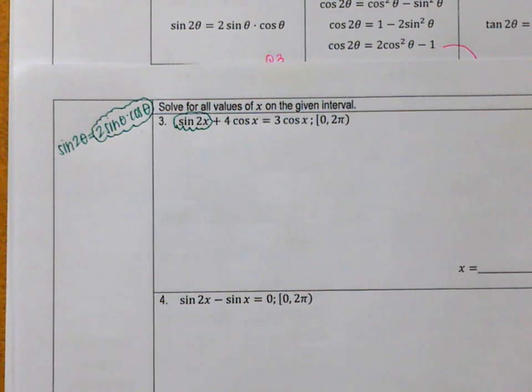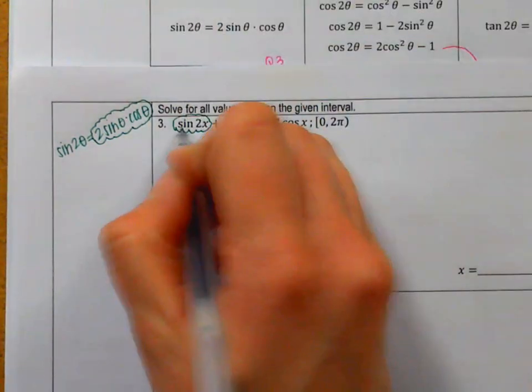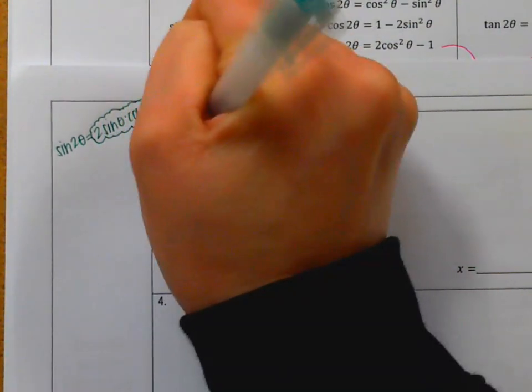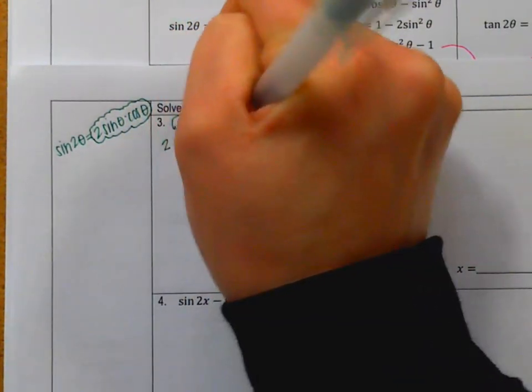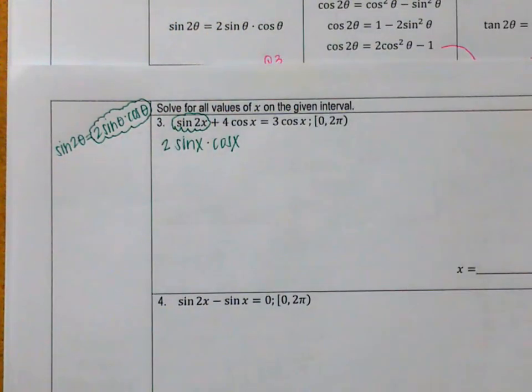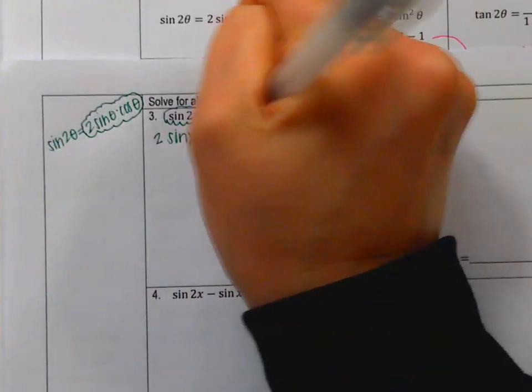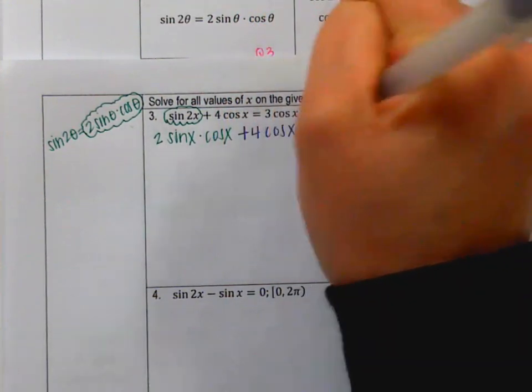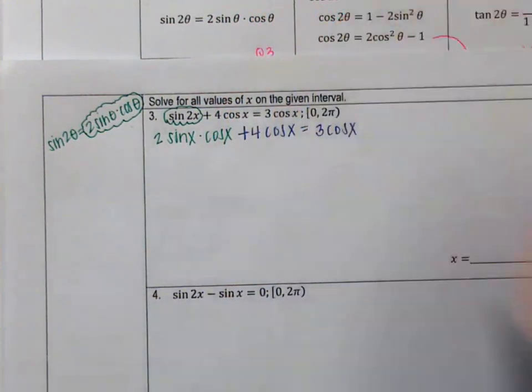Those aren't points. So, okay, in place of sine 2x, I'm going to write 2 sine x times cosine x. And then the rest I'm just going to bring down. So plus 4 cosine x equals 3 cosine x.